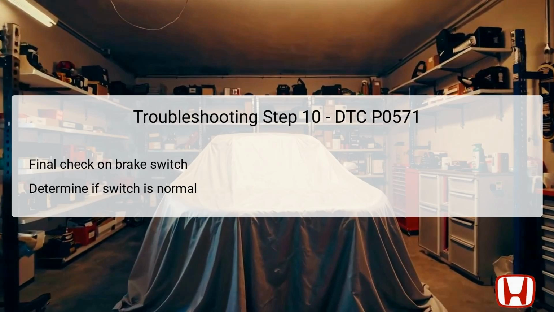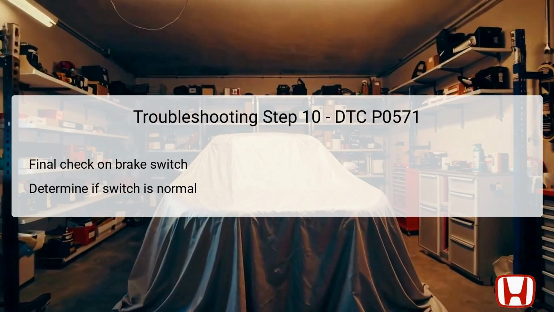In the final step of troubleshooting DTC P0571, you will perform a conclusive test on the brake pedal position switch. This is to determine if it operates normally under all conditions. If it functions as expected, the issue may lie in other components or wiring leading to a short to power in the stop SW line, which would need addressing.